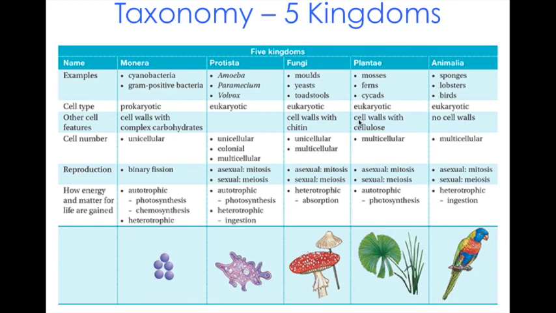The difference between animals and plants is the cell wall, with plants having a cell wall and animals not having a cell wall. Photosynthesis is one of the main differences as well, plants being autotrophic and animals being heterotrophic. Yeah, and you can see major differences shown there. Okay, all of the species are eukaryotic with the exception of the Monerans or the bacteria, and they include things like cyanobacteria and so forth.